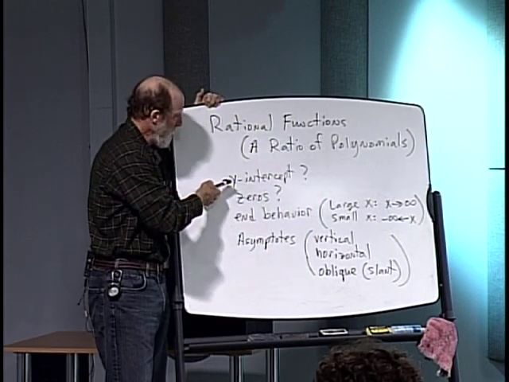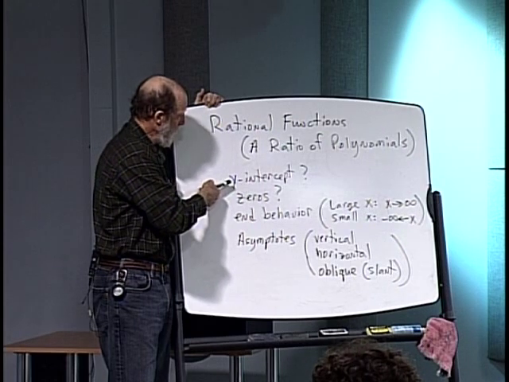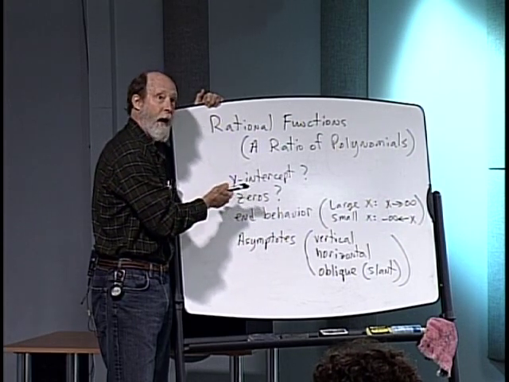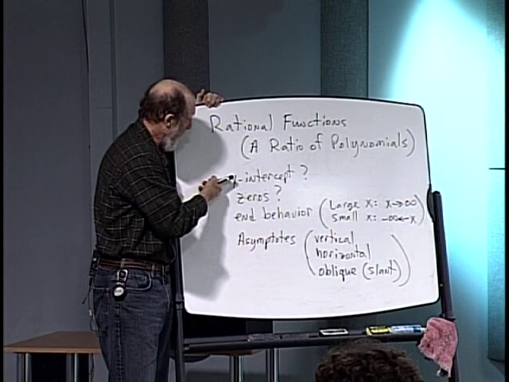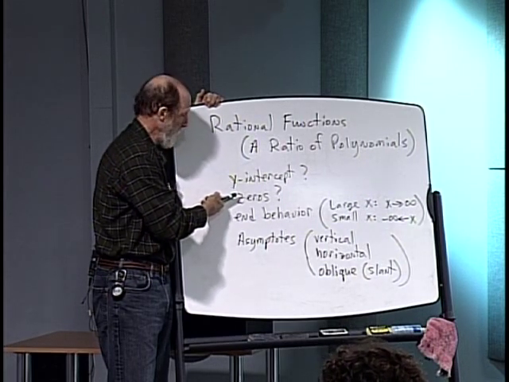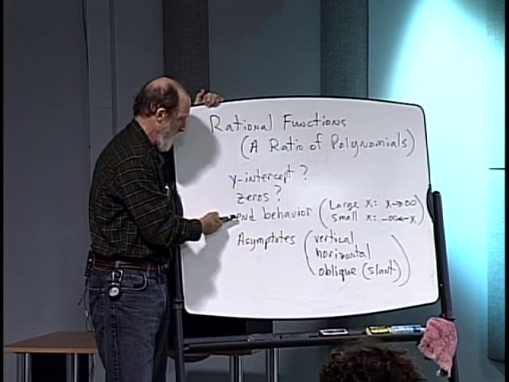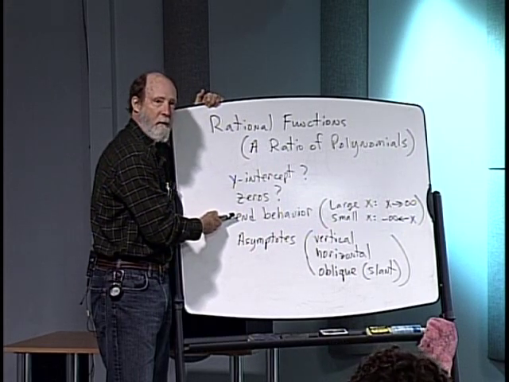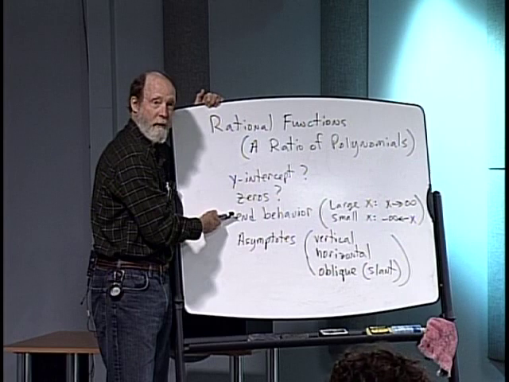Some of the things we're familiar with in general about graphs are y-intercepts and possible zeros. Throughout the course we've also been talking about end behavior, and you need to be real clear on what that is.